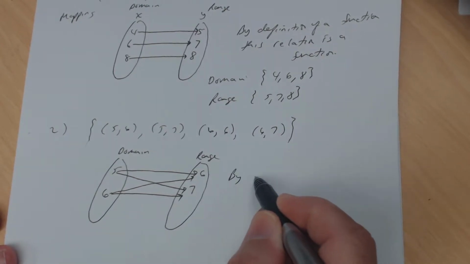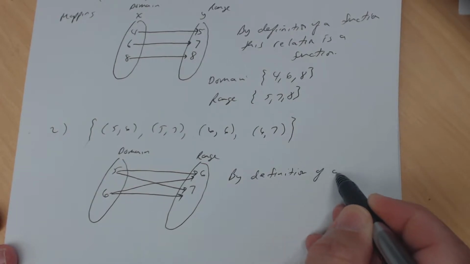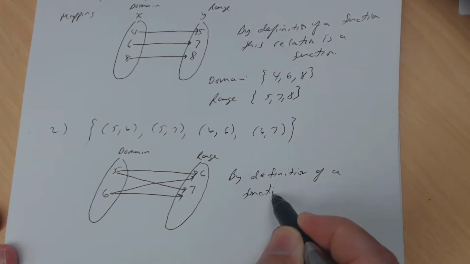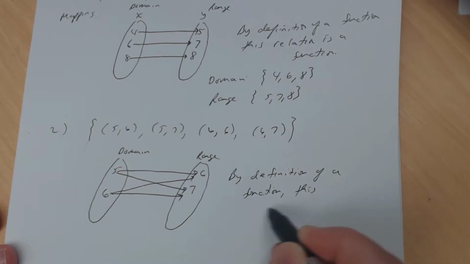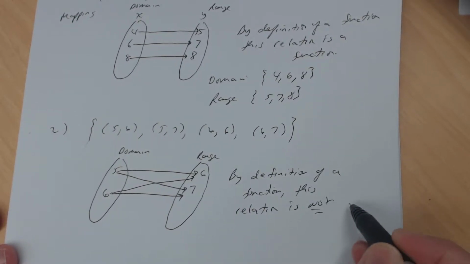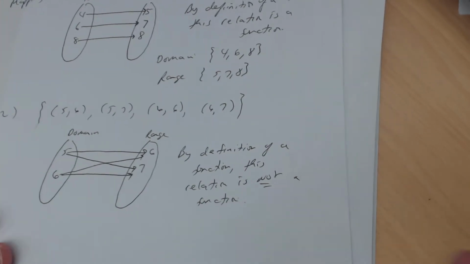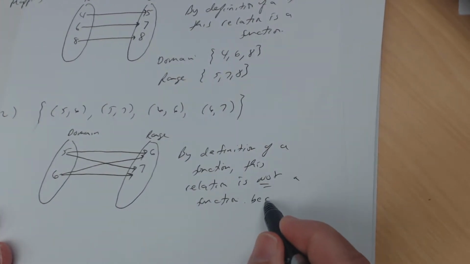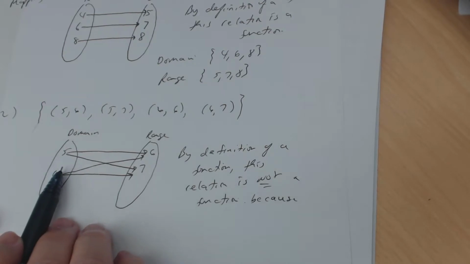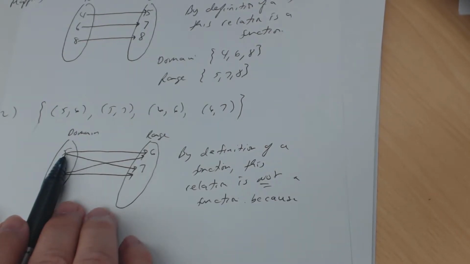So by definition of function, this relation is not a function. Now sometimes you're going to be asked to explain why it's not a function. So just say something like this: all you have to do is give an example that contradicts the definition.